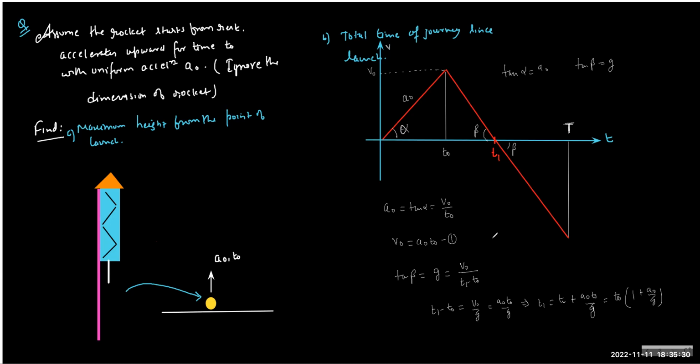So can you find this area? Because that's very easy. Area under the graph up to T1 is how much? I thought you guys understood the VT graph, but it seems the VT graph is not very clear.